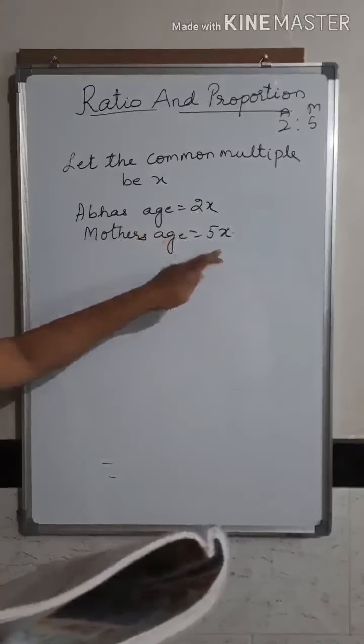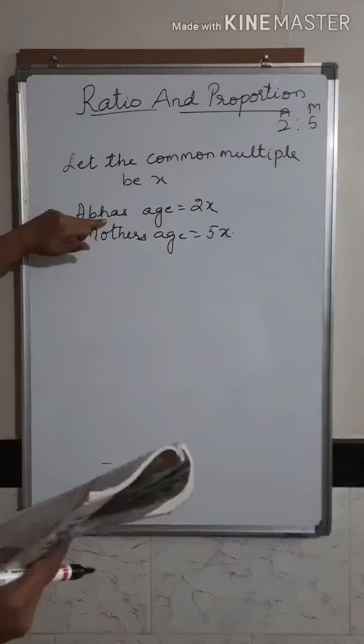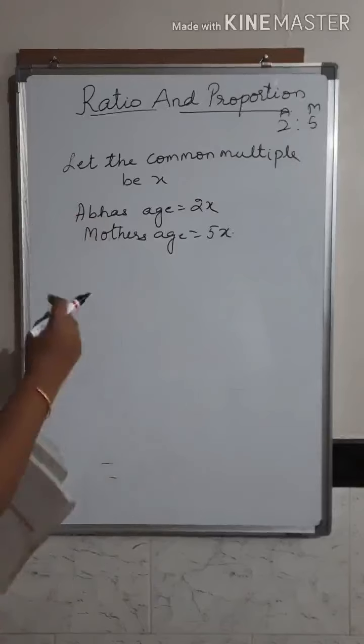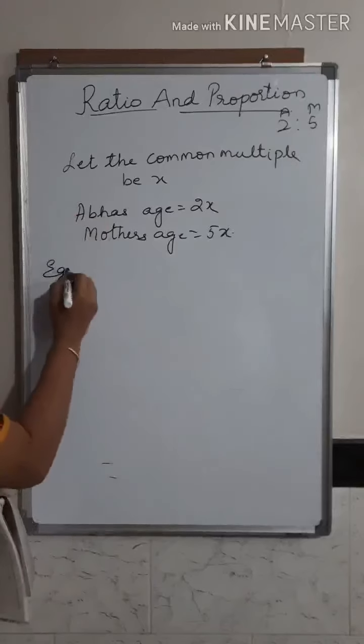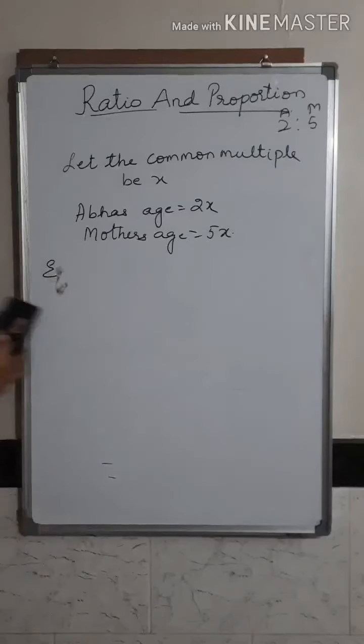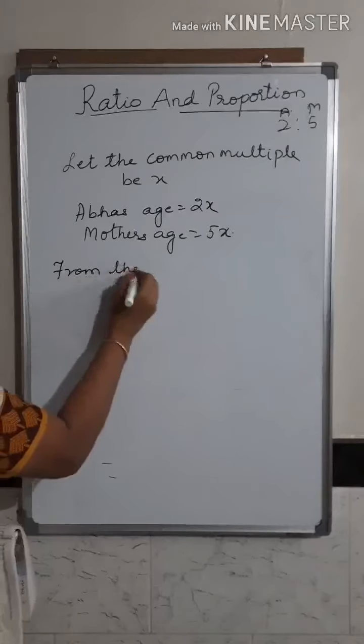Further what they have told, at the time of Abba's birth, when Abba was born, the mother's age was 27 years. So what you will get is the equation from the condition.